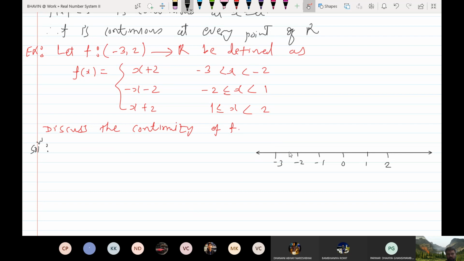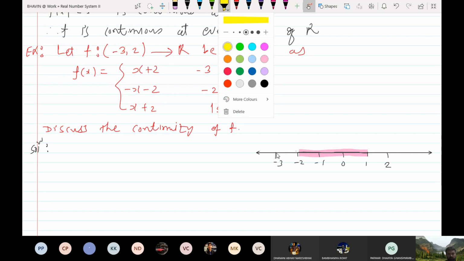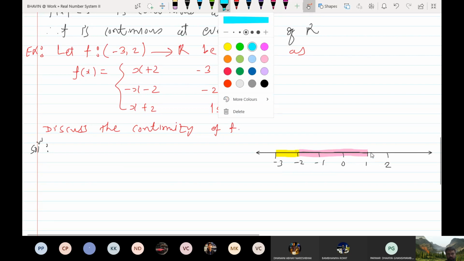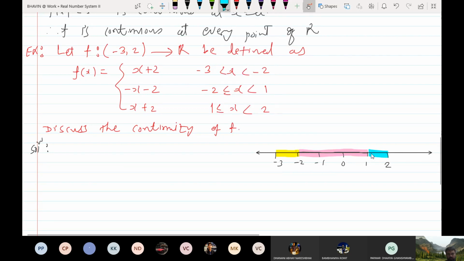Between minus 2 and 1, in this interval from here to here, f(x) is minus x minus 2. And here f(x) is x plus 2.